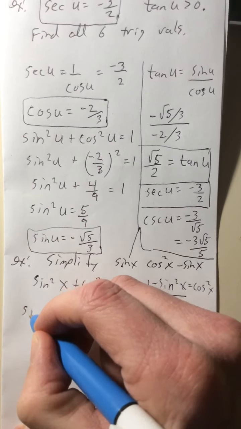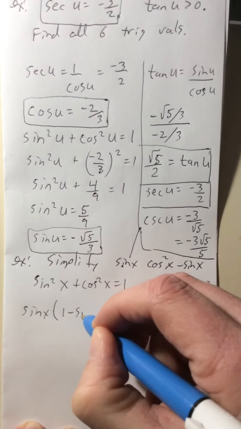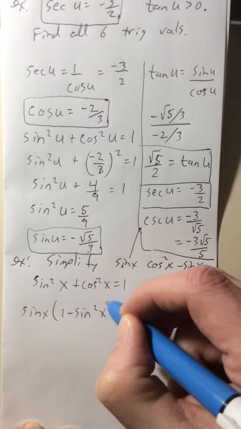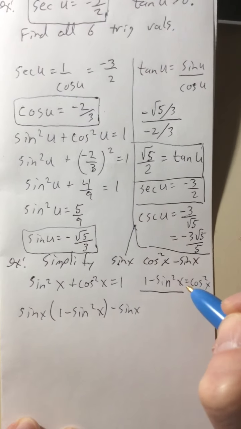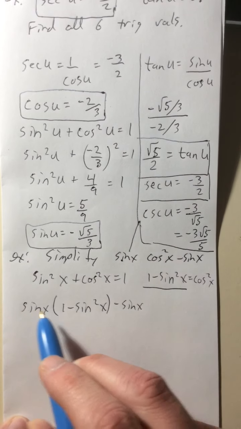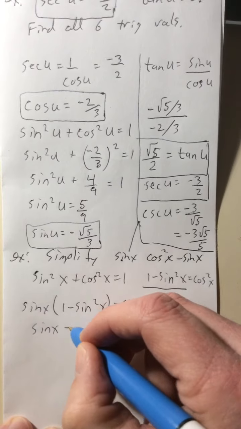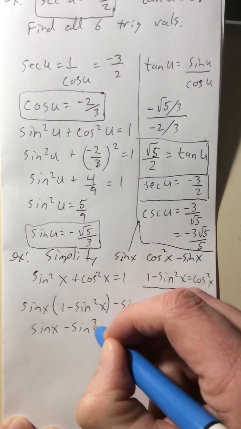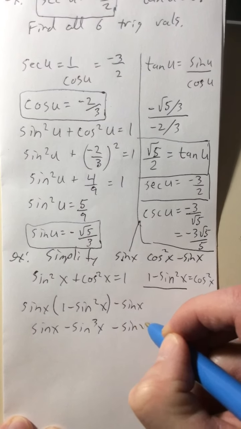So now we're going to have sine x times 1 minus sine squared x minus sine x. And then we're going to multiply through, and we're going to get sine x minus sine to the third power, sine cubed x, minus sine x.